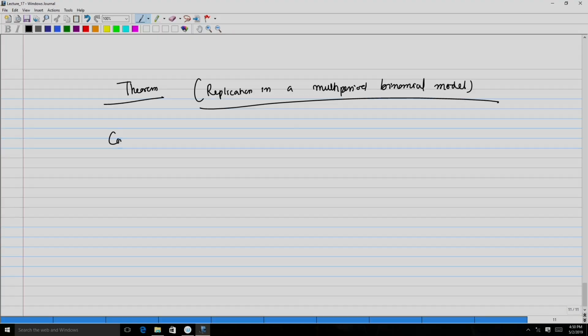So, then we consider an n period. The way this is stated now, of course, is also applicable for n equal to 1 and 2, which we have looked at separately.